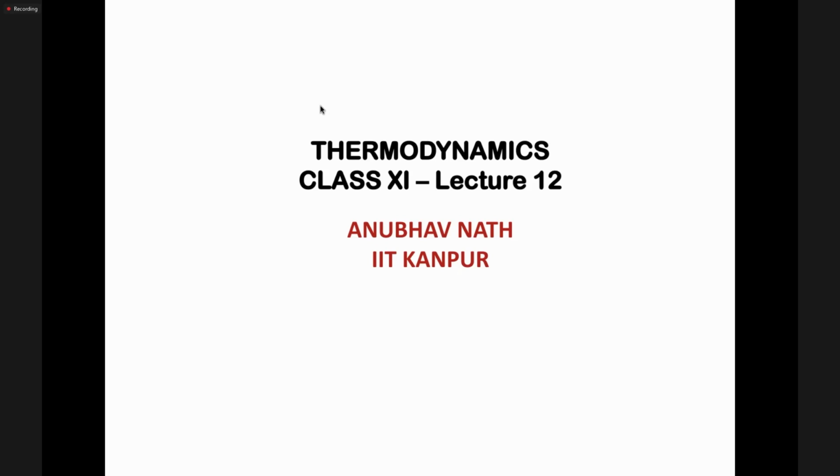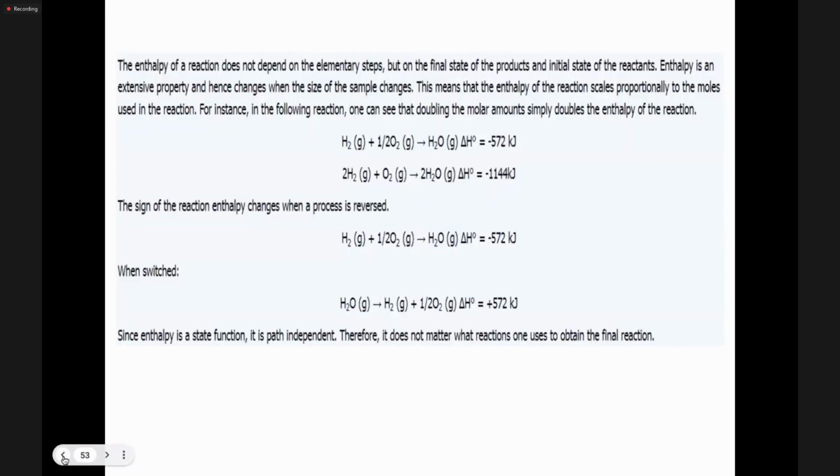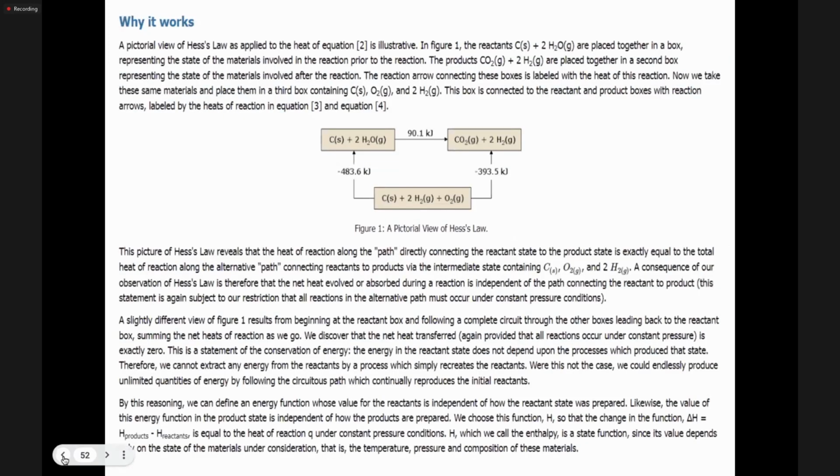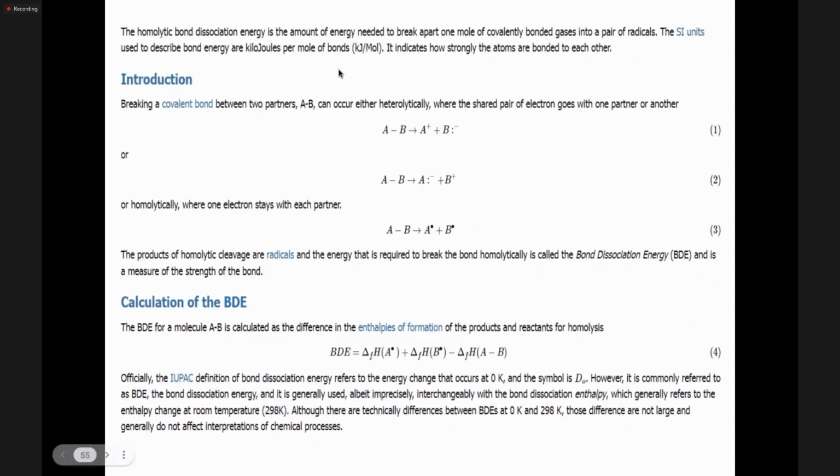Specifically, we talked about Hess's law of constant heat summation, and we also saw how the bond enthalpy of atomization can be addressed. We also went through a numerical problem based on the concept of standard enthalpy of combustion. In today's class, we will specifically talk about the homolytic bond dissociation energy.